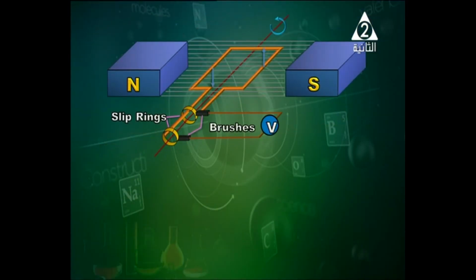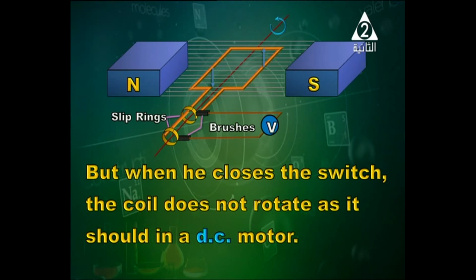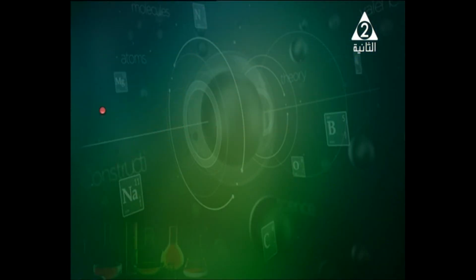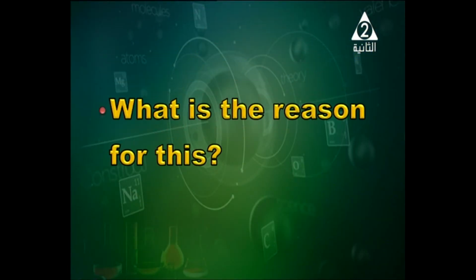Okay, so we expect to form a motor. But when he closes the switch, the coil does not rotate as it should in a DC motor. What is the reason for this? Okay, what is the problem here?